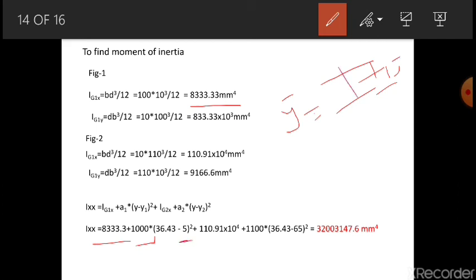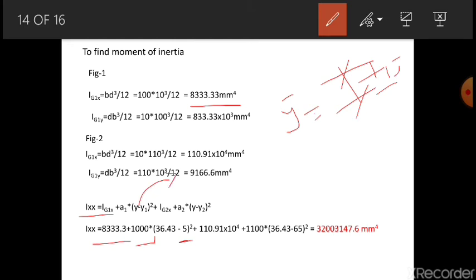So you have to take half of the width. Because it is said y, you have to take the distance along the y direction. If it is said in the x direction, then it would be x. We are calculating Ixx, but we are taking the value as y. You have to remember this.